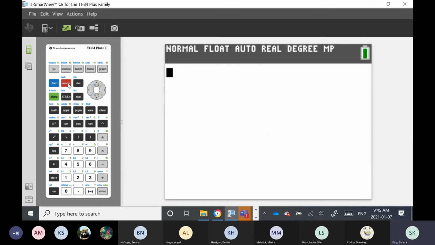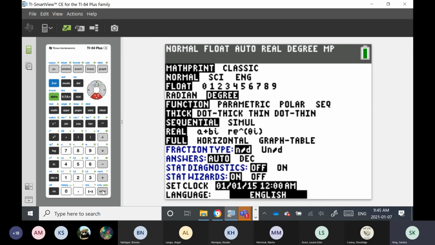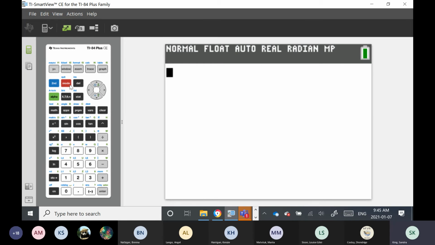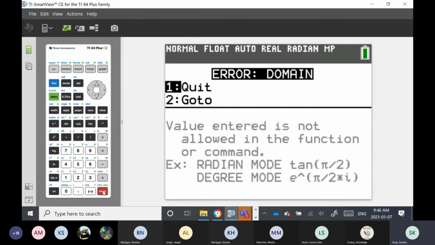So I'll clear this. I'm going to just change my mode to radian. And I'm going to type in the second function, the inverse cos of the absolute value of -3, which is 3, and I get an error.